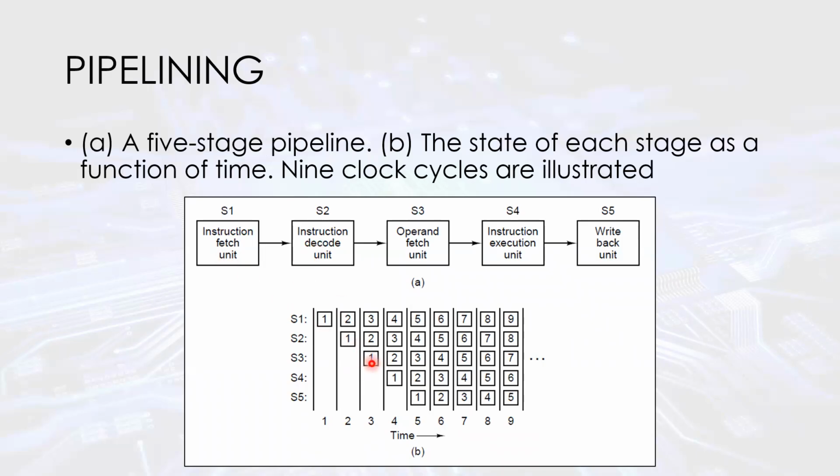At time three, instruction one is fetching the operands, and at time four, instruction one is being executed. And then at time five, the results of that instruction are written back to the operand stack in the case of IJVM, or if we're talking something like MIPS where we have registers, it's written back to one of those destination result registers.